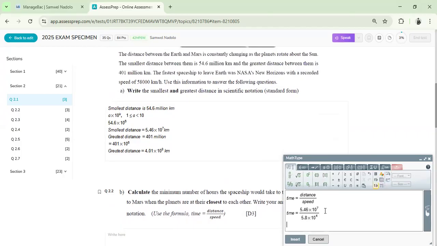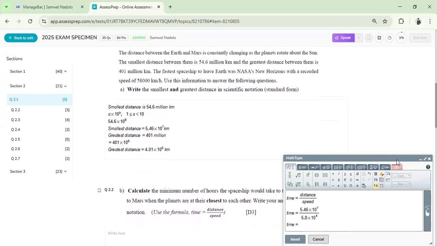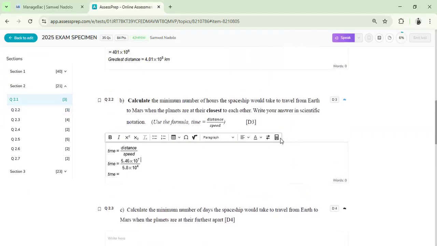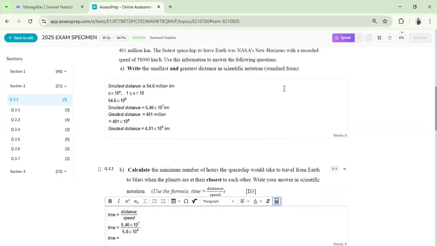At this point, it is not required that you use scientific notation, but you can also do it directly using the normal notation. So you can insert this, and if you need to do that math, you click your calculator.